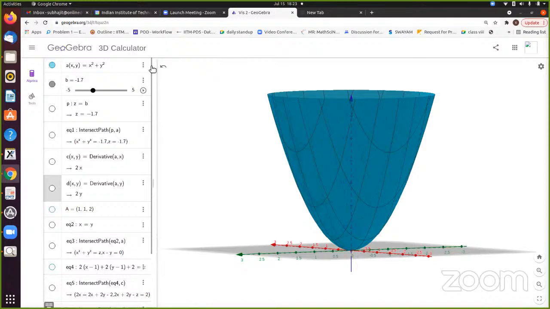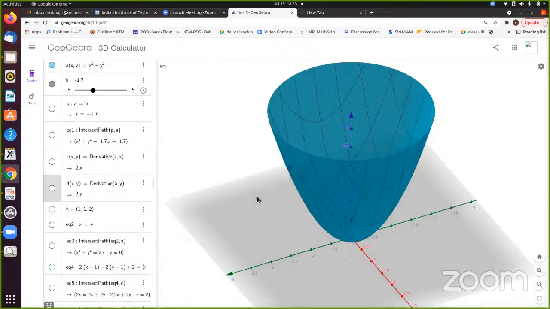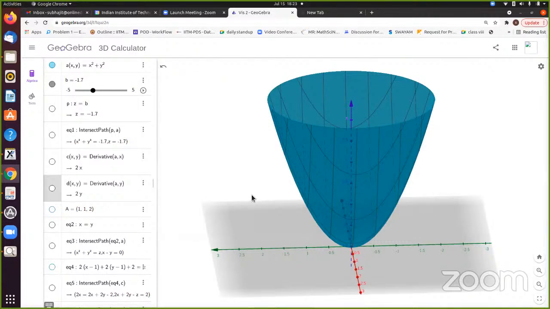Okay. So this is the function I have plotted here, which is x square plus y square, right?